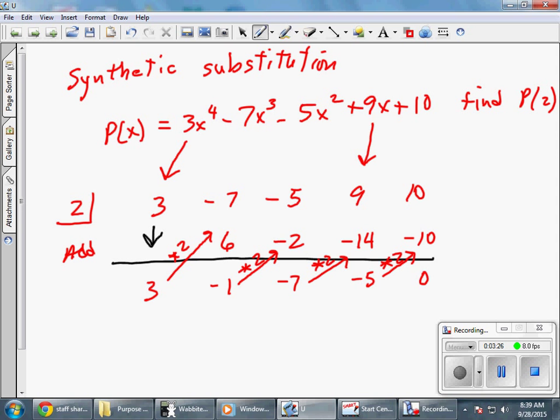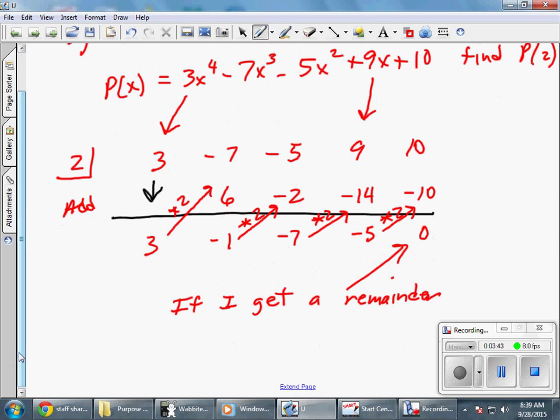So if I get a remainder, isn't that funny? We thought we'd never say remainder again. If I get a remainder of 0, then P of 2 equals 0.